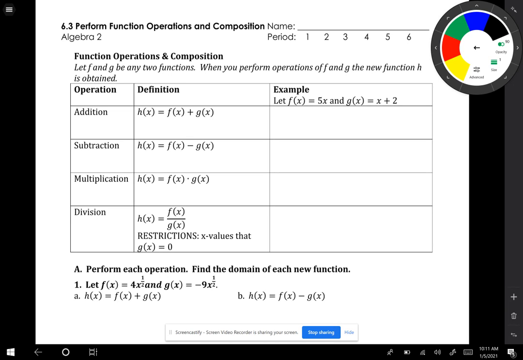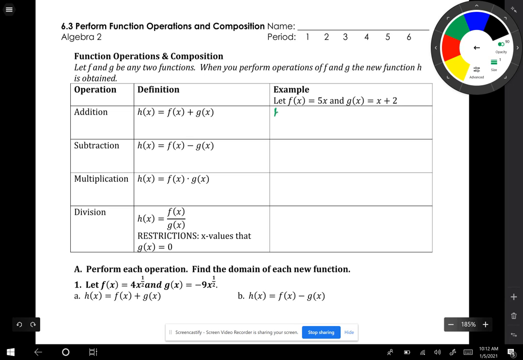So on the right column, under example, it says, let f of x equals 5x, so that's the first function, and g of x equals x plus 2, that's the second function. On the left, we are going to first add those two functions together. So when we add f and g, we are going to obtain h, and this is what we would do.